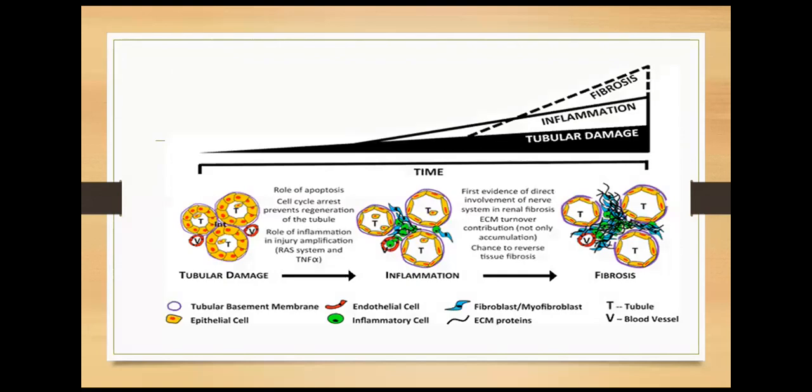This is just again the dramatic form of what we've said, that it goes from tubular damage to inflammation to fibrosis, and this is a 21-day-plus process in which these cells start undergoing irreversible damage once we get very high extracellular matrix turnover, with no breakdown of the ECM.